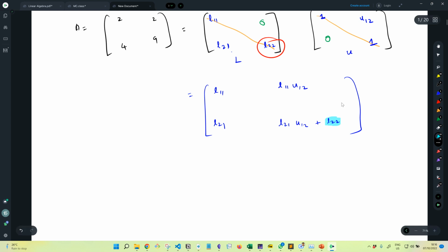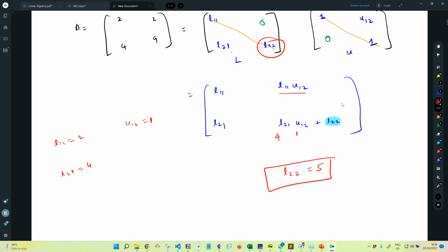Now it is very straightforward. You know L11 equals 2, L21 equals 4, and L11 into U12 equals 2, which means U12 will be equal to 1. Then at last we'll substitute: L21 is 4, U12 is 1, and L22 is unknown. So 4 into 1 plus L22 should be equal to 9, which means L22 will be equal to 5.